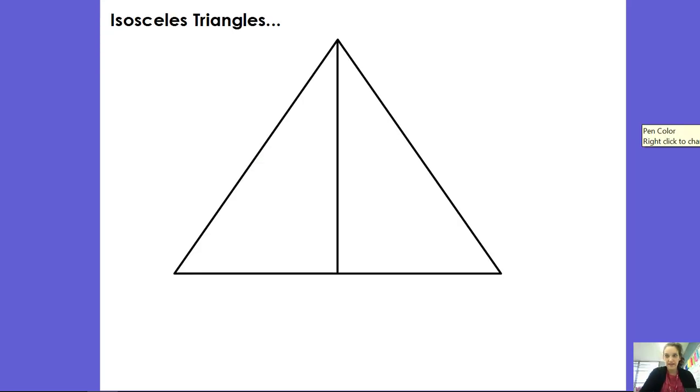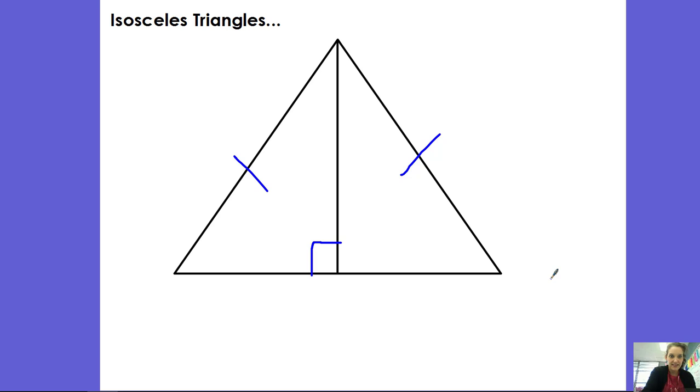If you have an isosceles triangle and you have an altitude of an isosceles triangle, the altitude is going to divide the side into two congruent parts.